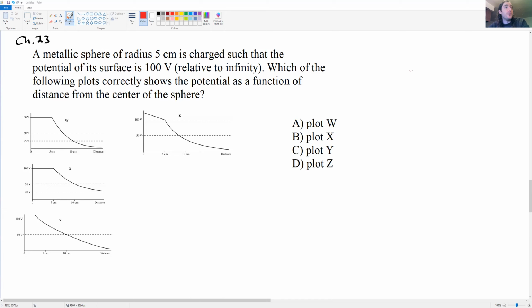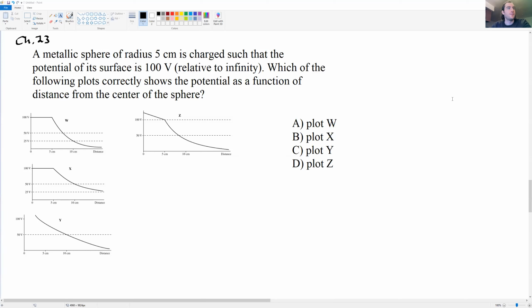Remember, chapter 23 is all about potential, electric potential difference, electric potential energy, and electrical work. So if you're watching on YouTube, pause the video now and give this one a shot.